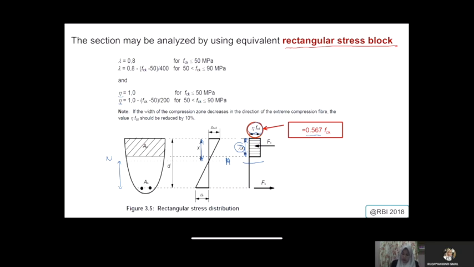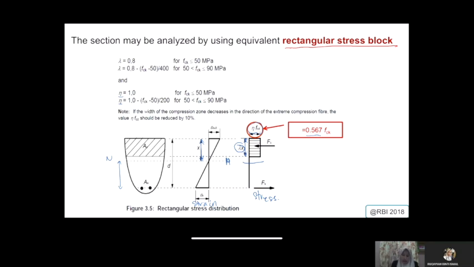That is what we call the stress, and this is for the strain. As for strain, you have two conditions as well. Anything above the neutral axis we consider as the compression zone, and anything below the neutral axis we consider as the tension zone.